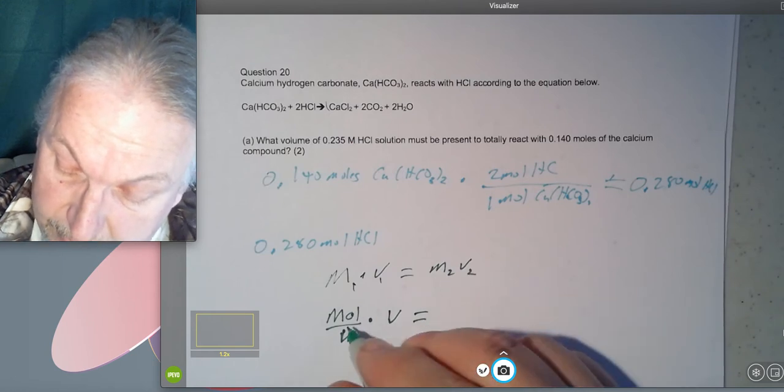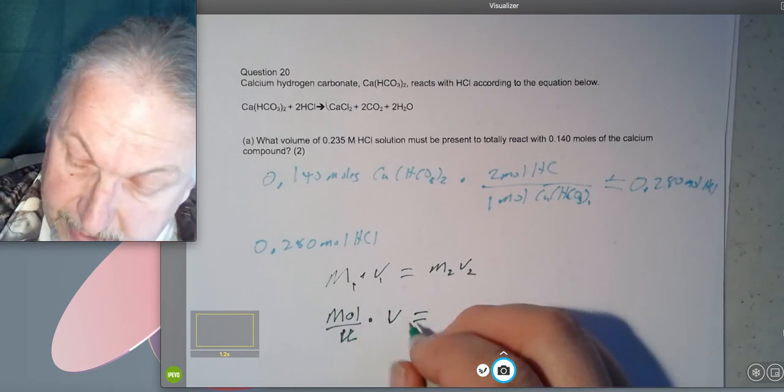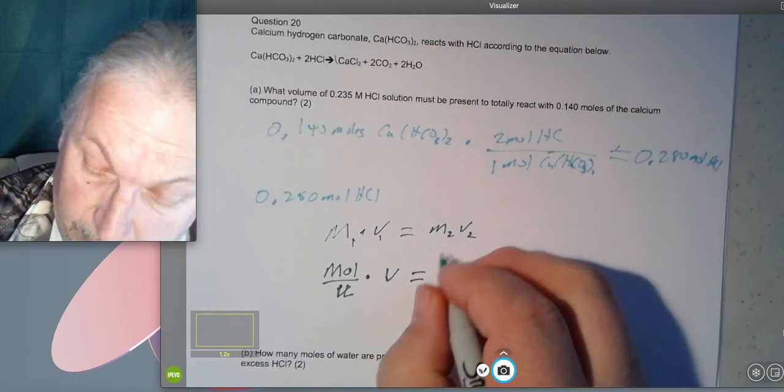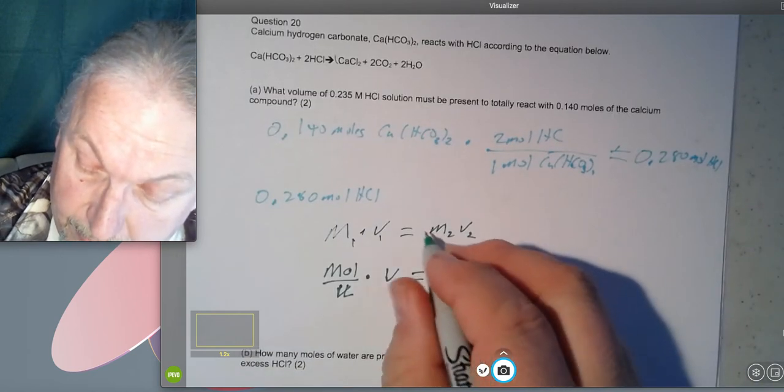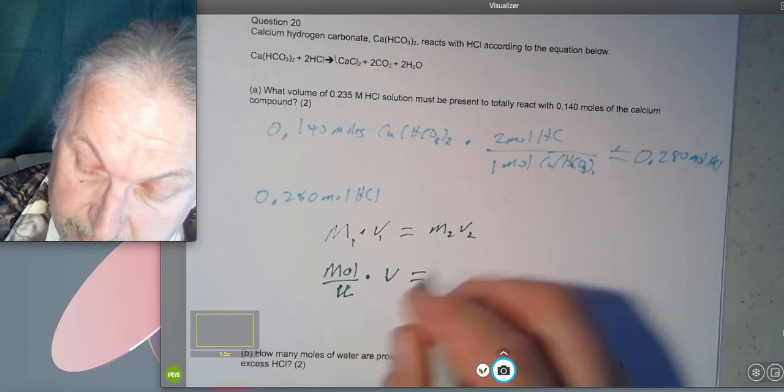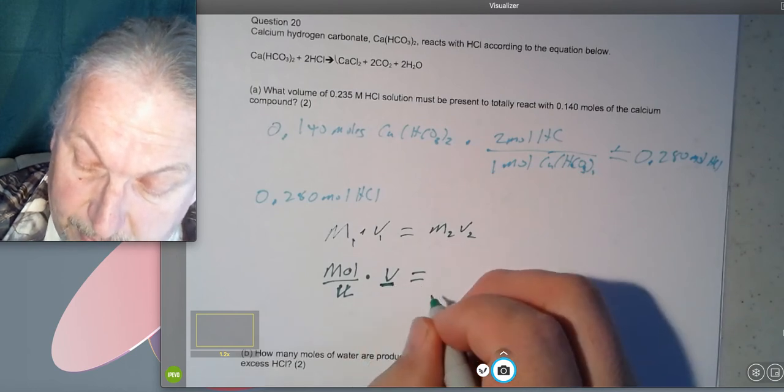Molar is moles per liter, times the volume. That's the volume, and how many moles do I need? I don't know the volume. That's my unknown.